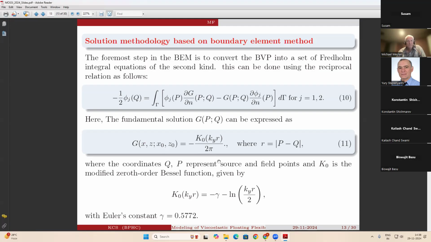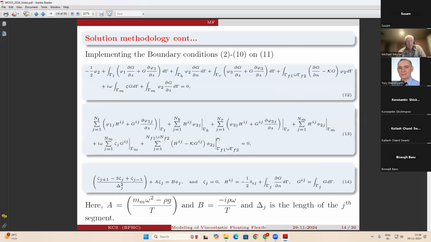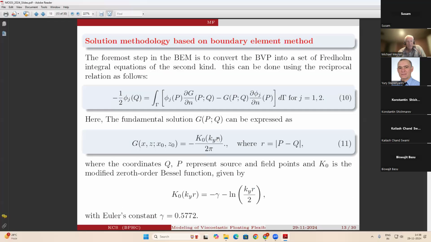And what about that expression below? Surely that's an approximation, right? Which one, sir? The one at the bottom of that slide with the K naught, that's only for small r, right? Yes, correct. That expression is only valid when r is small.